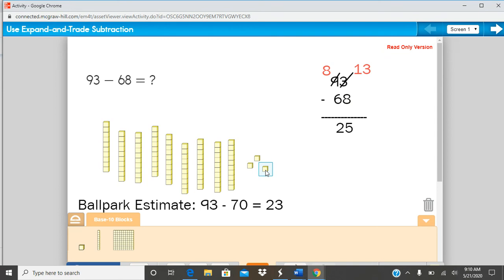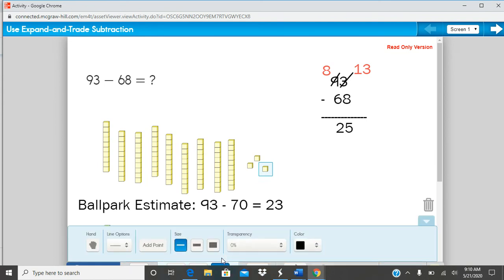Now I'm taking away 68. Okay? But I don't have enough ones here to take away 8. So I have to go next door to my 10s. So that's what we're going to do right here. Okay, so I'm going to go to this 10 right here. And this 10 is going to be a part of the ones now.